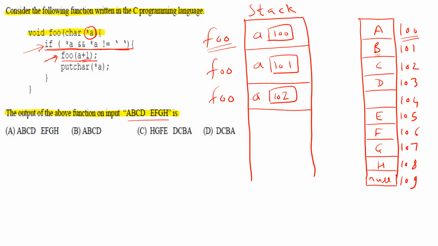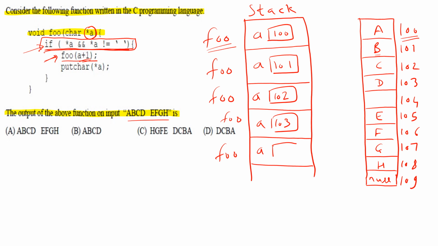Yes, it is C, and it is not a blank space, so we make another call to foo. So foo is called for the fourth time, and this time A would be 103. In that if condition, again we check whether A is referring to a legal character, yes, D, and it is not a blank space. So this condition is also true, so we call foo one more time.